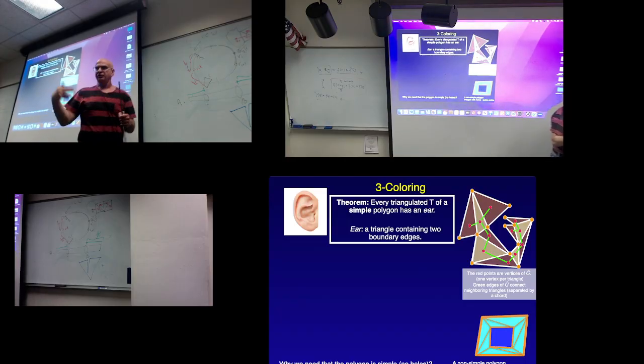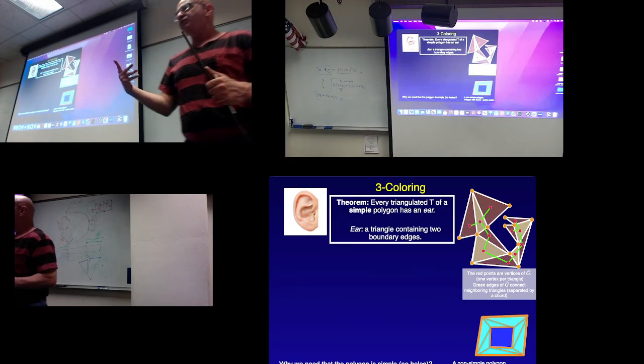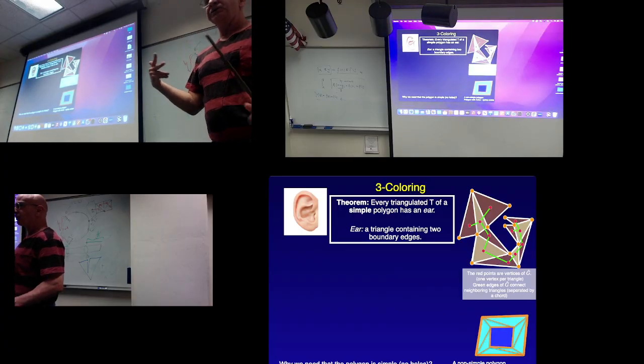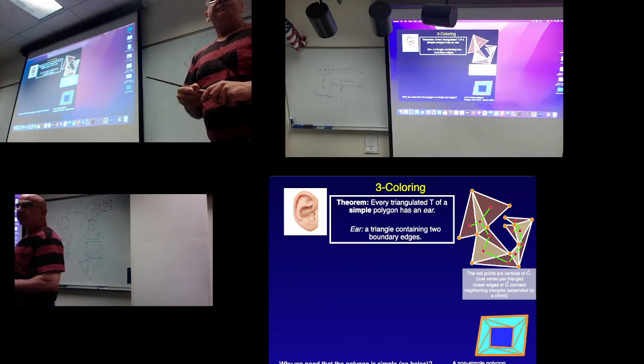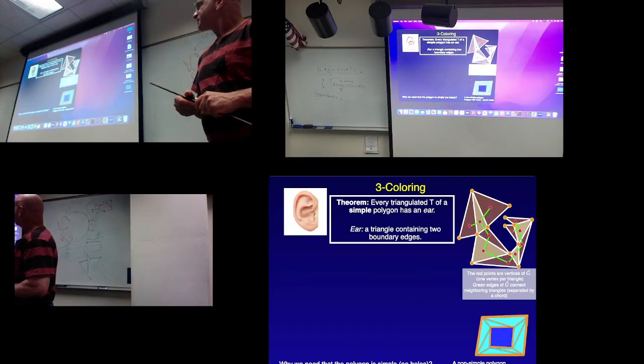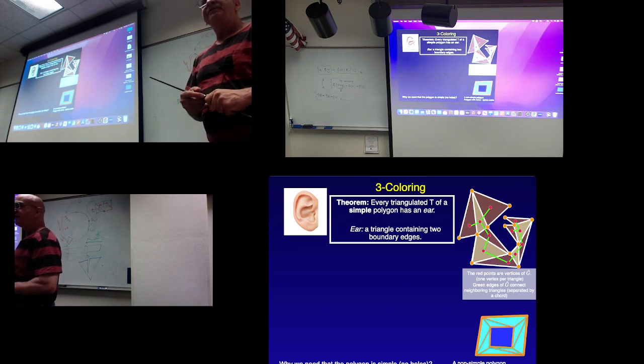Meaning that it only has one triangulation chord, so what happens to the other two edges? They must be from the boundary. Meaning that that's an ear. And you actually see that in this case at least, I have several ears.